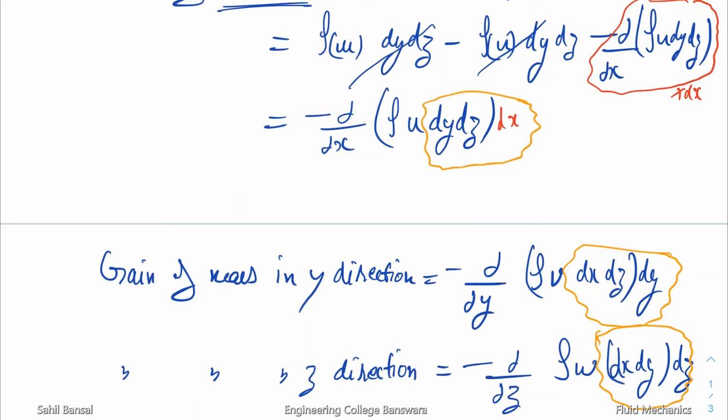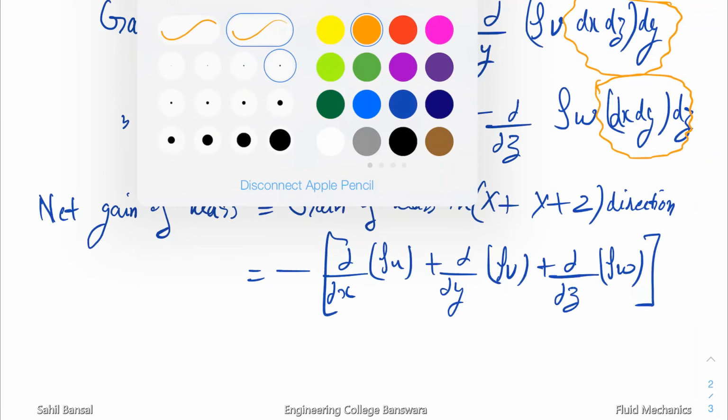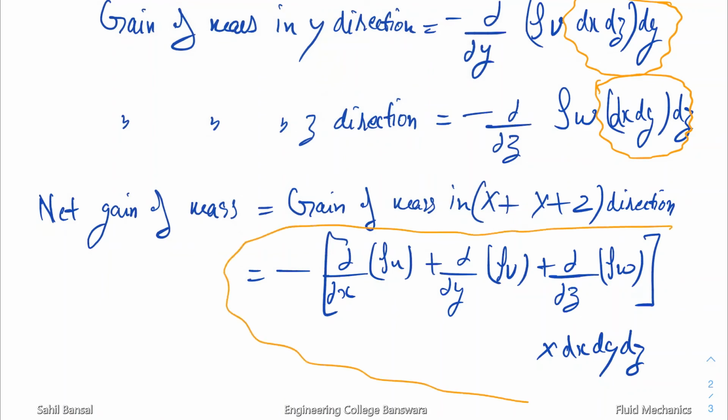This element dx into dy into dz is present in all the terms, so I can take it outside as a common factor and write here, multiplied by dx dy dz. This is my net gain of mass.